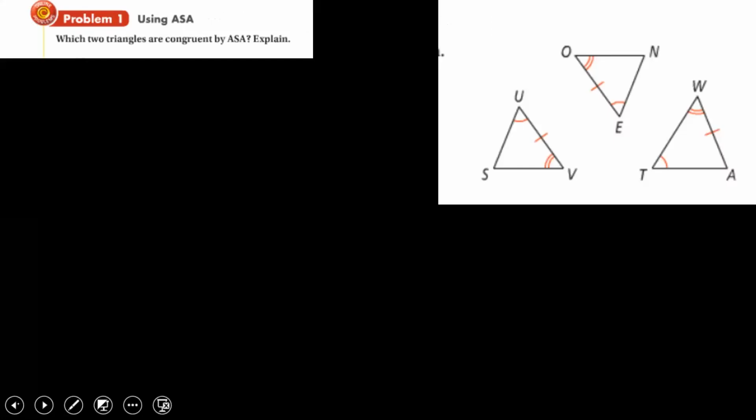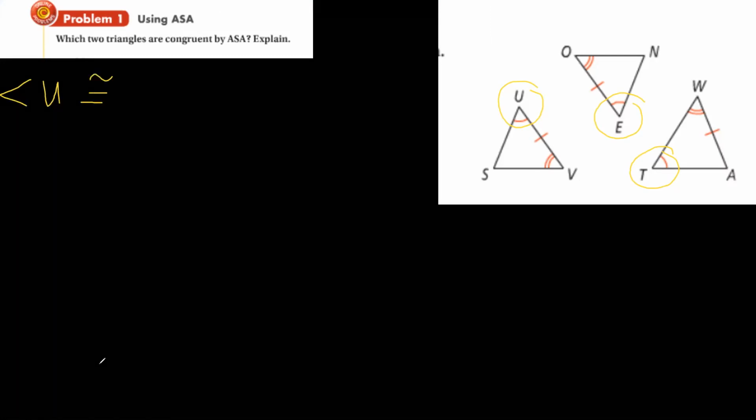From the shapes here, I can say that angle U is congruent to angle E, which is congruent to angle T. Look at the congruent marks.